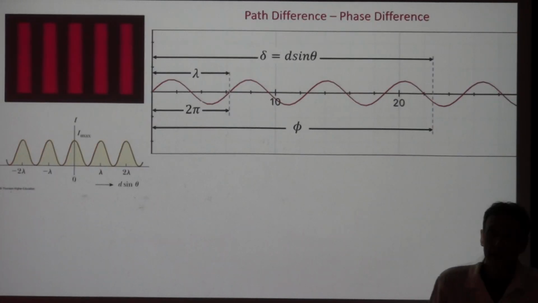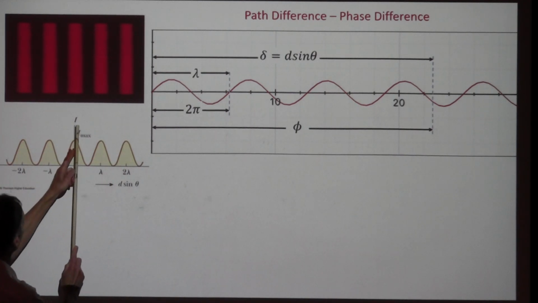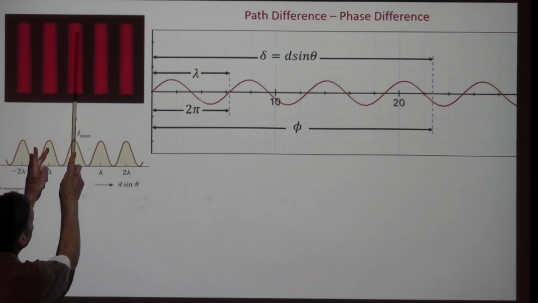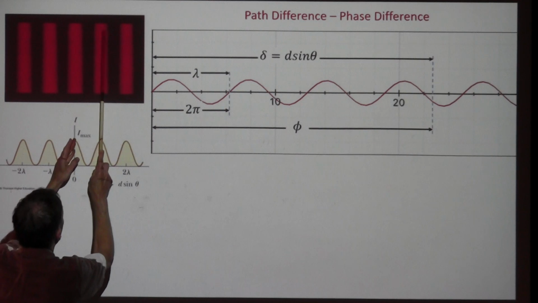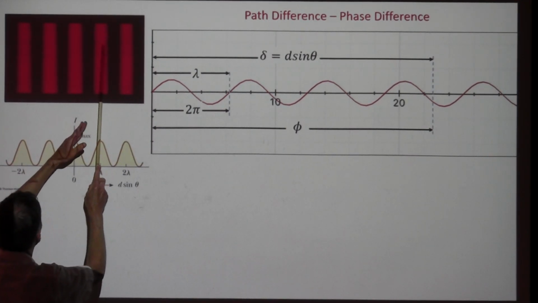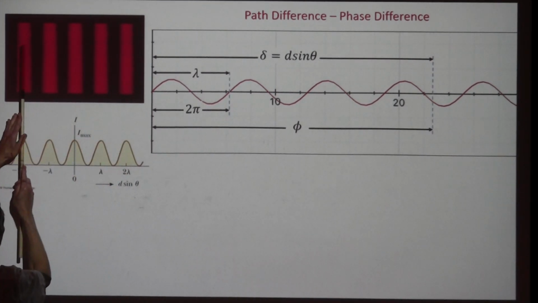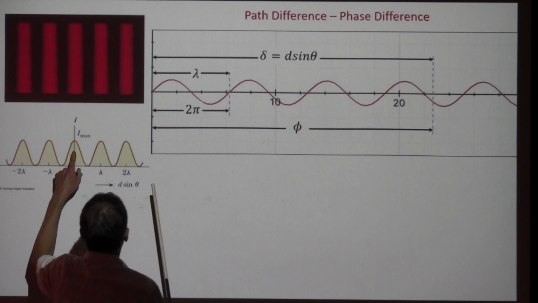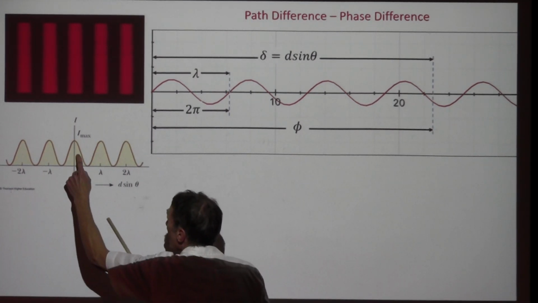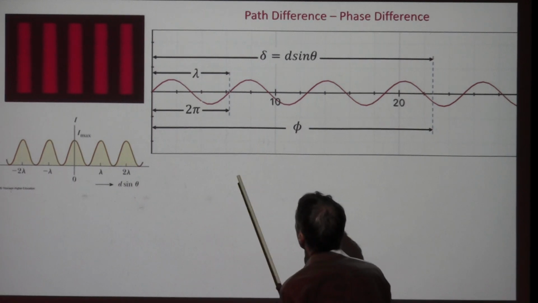So here's how we want to look at this. As far as the projection on the screen, we get a strong central maximum, and then we get M1 on both sides. Sometimes we call this M1 plus and M1 minus, M2 plus, M2 minus. But if we're out here somewhere on the screen, we might be at some point between a maxima and a minima.